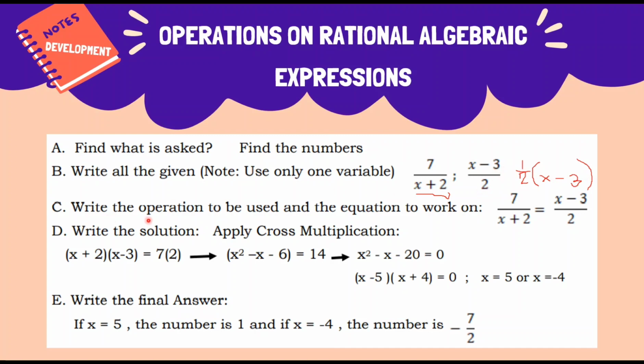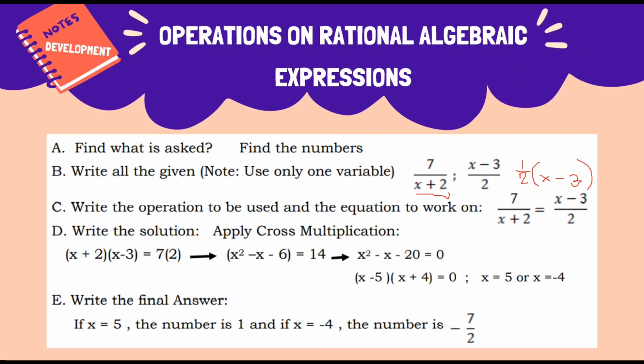Okay, so letter C is to write the operation to be used and the equation to work on. So ang verb na ginamit natin dyan ay is equal. So we need to have 7 over x plus 2 is equal to x minus 3 over 2. Okay, and then the next step, we need to apply cross multiplication.